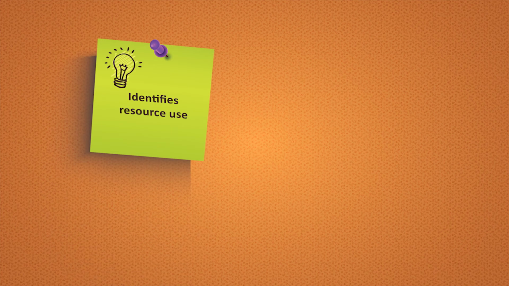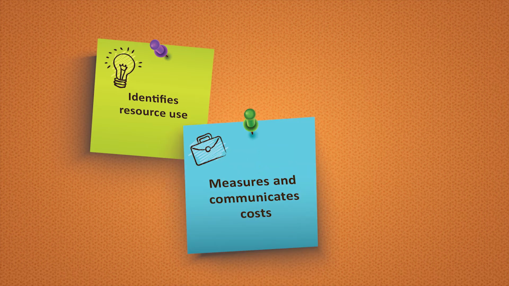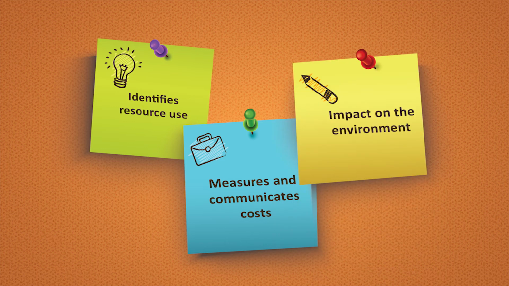EA identifies resource use, measures and communicates costs of a company's or national economic impact on the environment, which include the cost to clean up or remediate contaminated sites, environmental fines, penalties and taxes, purchase of pollution prevention technologies, and waste management costs.